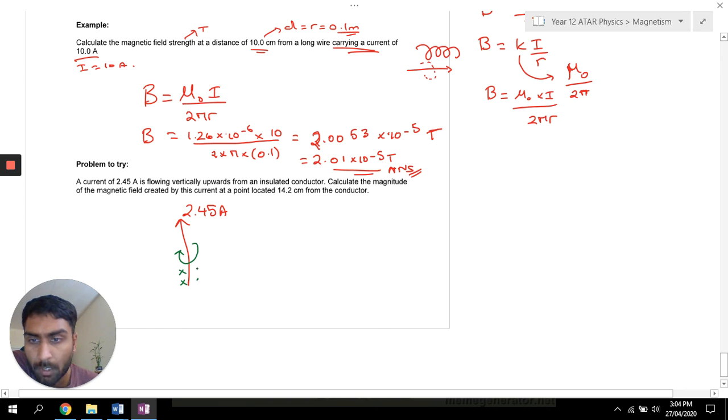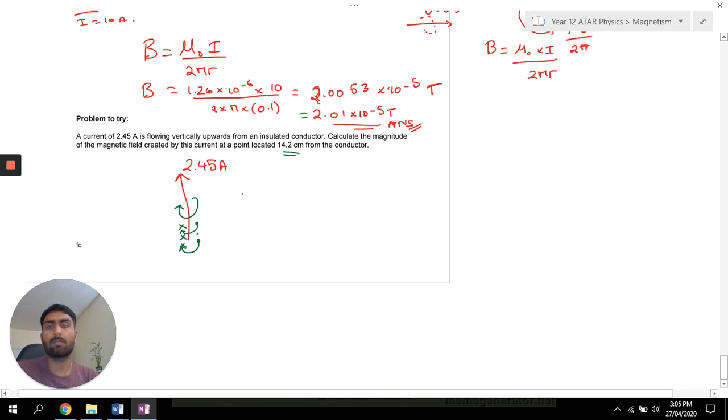This is the same thing as drawing that, so this would be a dot and the point where it enters would be a cross. Calculate the magnitude of the magnetic field created by this current at a point located this many centimeters from the conductor. This is very similar to the first one. You guys can try this one yourselves.